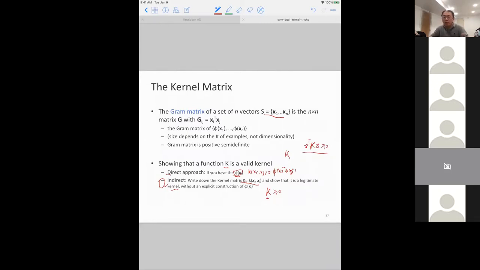Or you can use Cholesky decomposition: if there exists a Cholesky decomposition, it is positive semi-definite. All kinds of stuff. So you have a lot of properties you can use, but those are mathematical properties, and we need to look at the list of these properties. Does it make sense?